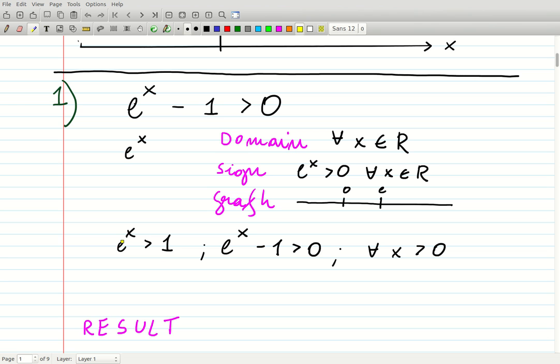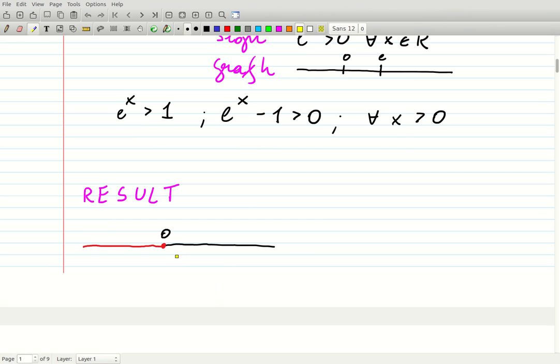This means we are looking for the solution of e to x greater than 1. But we do know from our study of the elementary function e to x that e to x will be greater than 1 if x is greater than 0. So our result will be: e to x minus 1 is greater than 0 for every real x greater than 0. Here are the results.